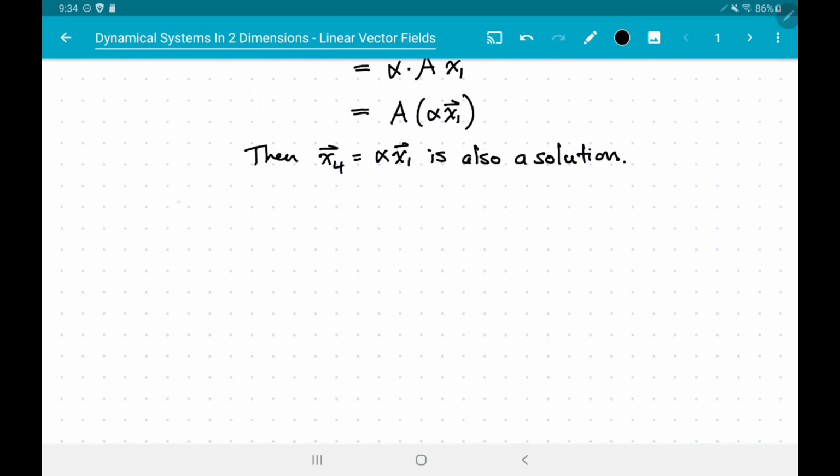I won't get into all of the theory here, but in 2 dimensions, the space of solutions has 2 dimensions as well.